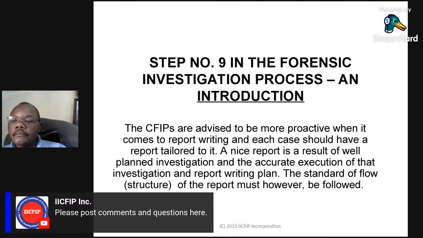Number 1, introduction. The report must have an introduction, and the introduction will include the allegation and the hiring authority for the forensic assignment.